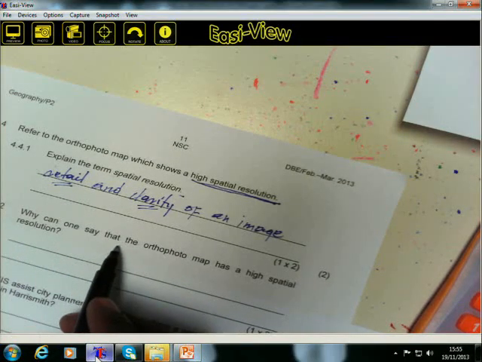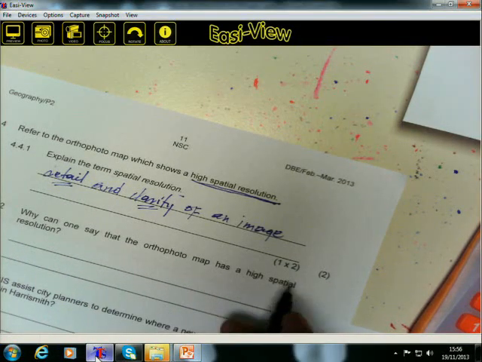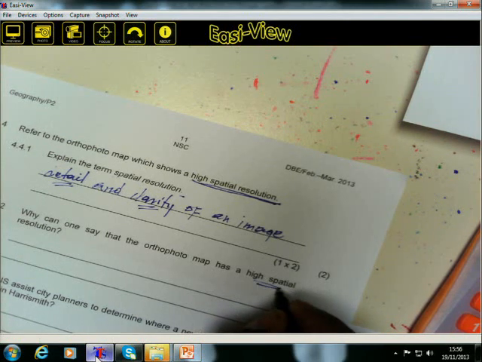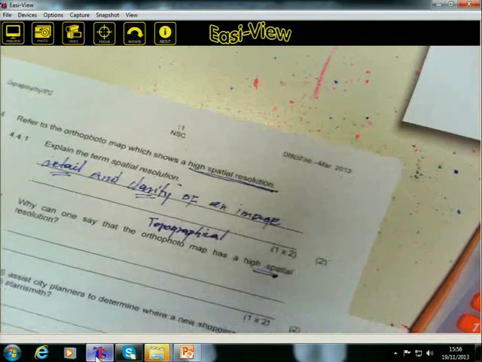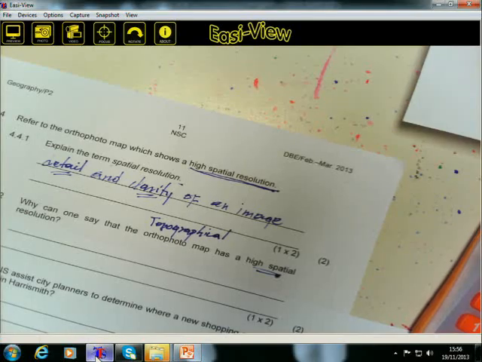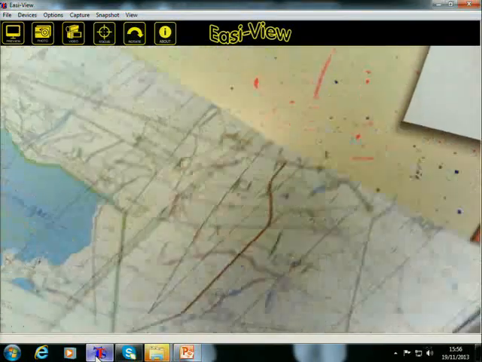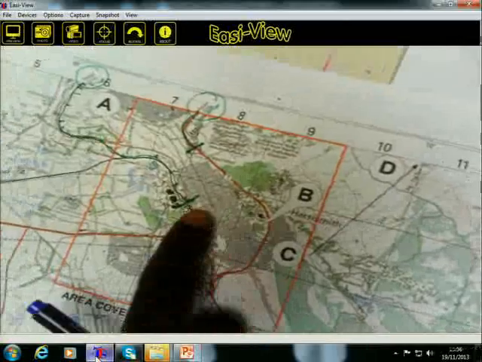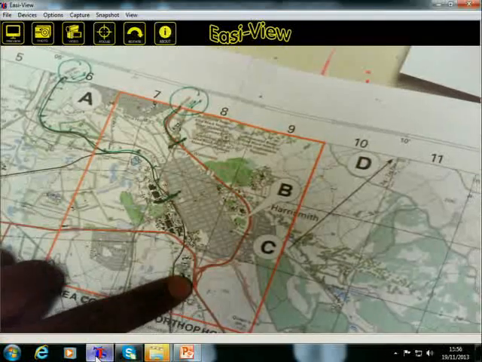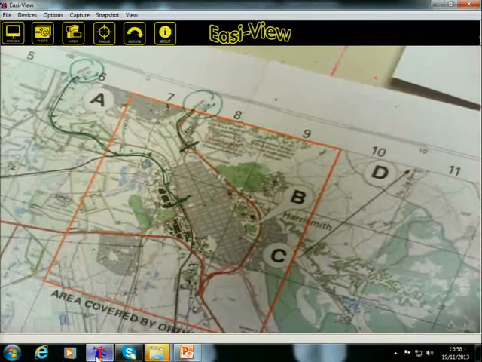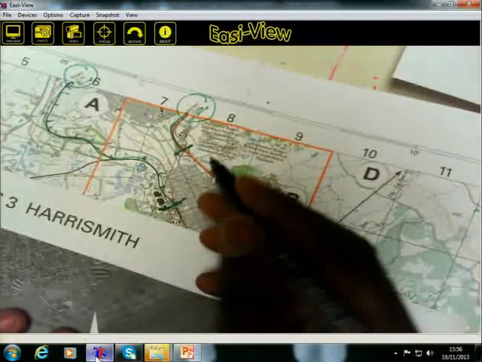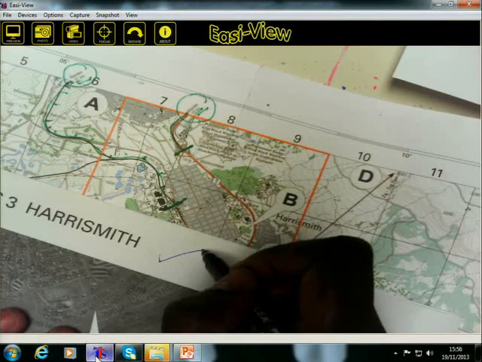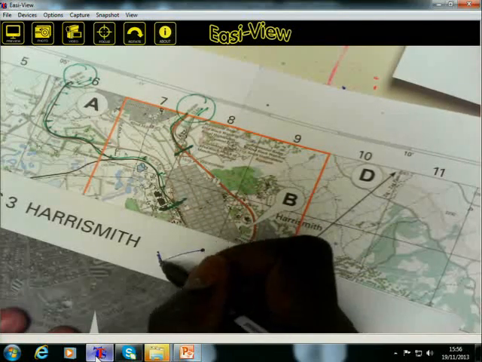Why can one say that the orthophoto map has a high spatial resolution as compared to a what? To a topographical. If you compare the two, if you take your topographical map, I want to come back to this area, and you take your orthophoto map, why is an orthophoto having more resolution?